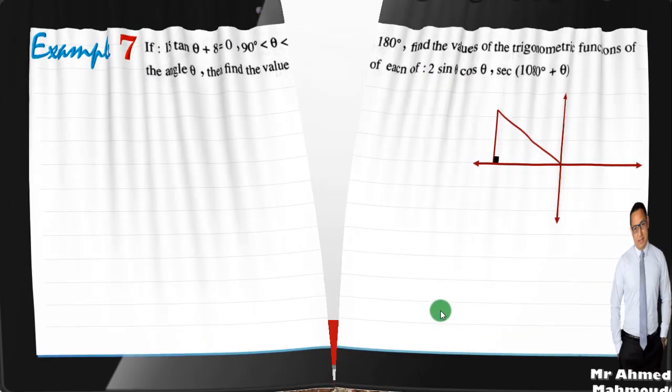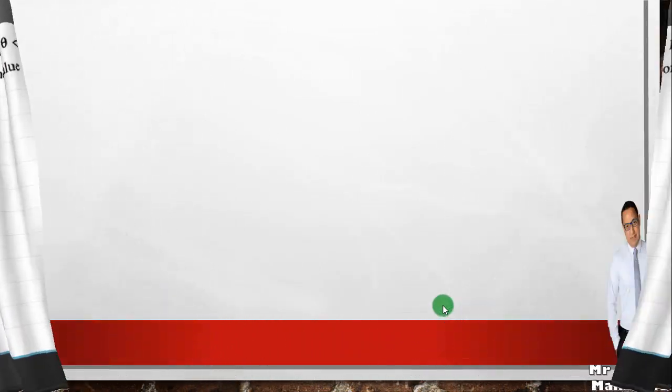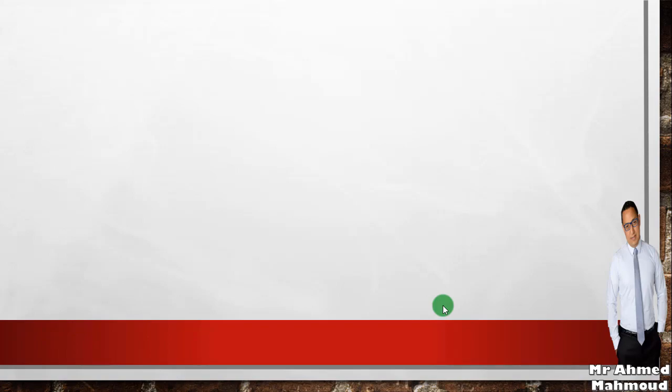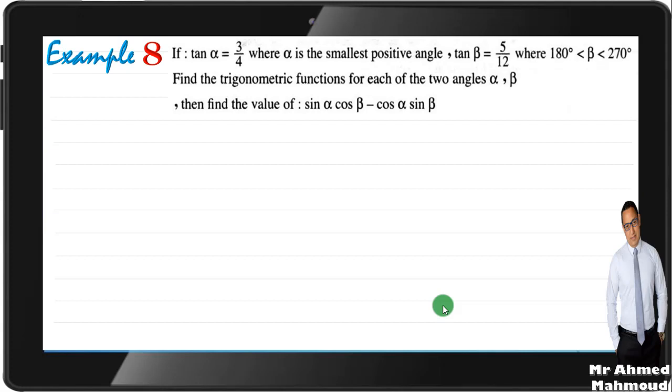Okay, next. Tan alpha equals 3 over 4, and alpha is the smallest positive angle. Tan beta equals 5 over 12, and beta is in the third quadrant.